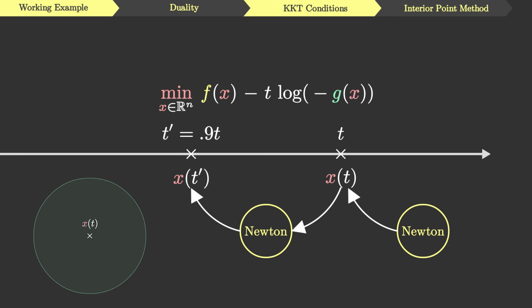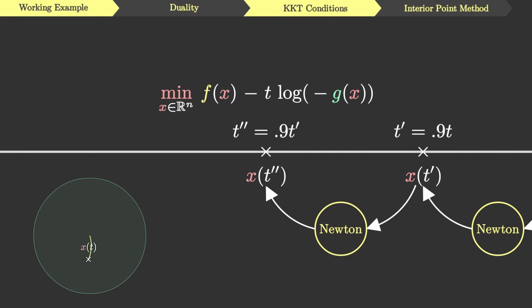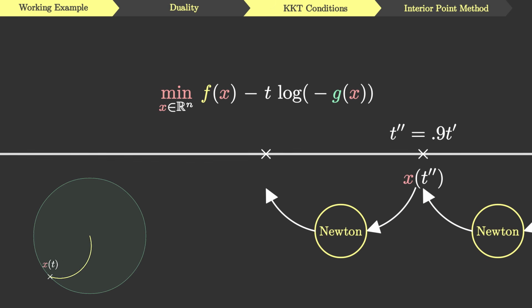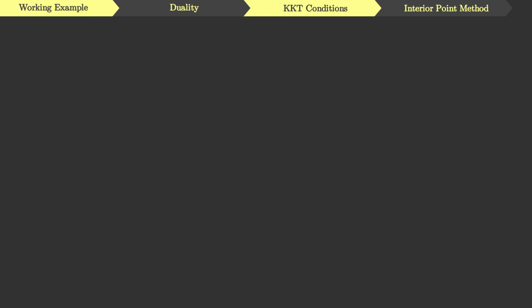And by design, we have that x of t is close to x of t prime. So by initializing Newton from x of t, computing x of t prime will be easy. And the interior point method will keep iterating and making t smaller and smaller in a similar fashion until a t that is deemed close enough to 0 is reached.